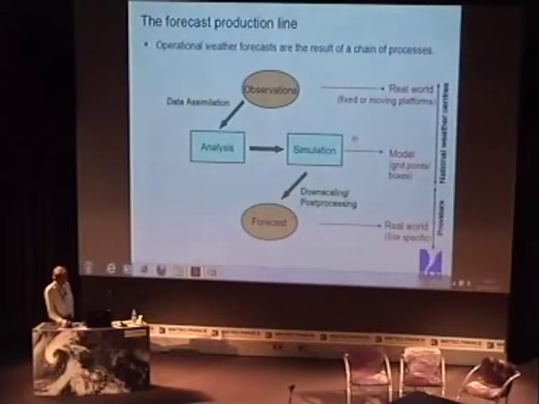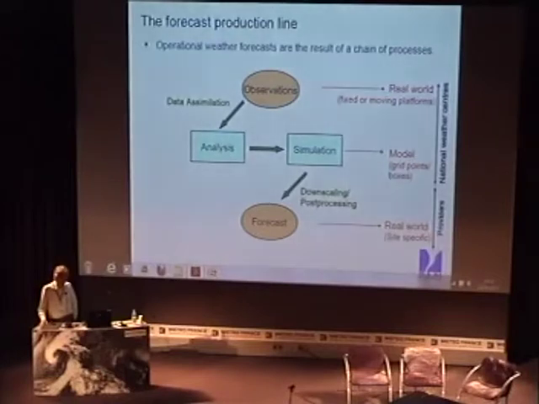And the forecast, you can divide the forecast in 3 different steps. You have the step where you gather the observations. These are coming from the real world, and you have to then ingest them into the model, and then you go from the real world into the model space through a process called data assimilation.